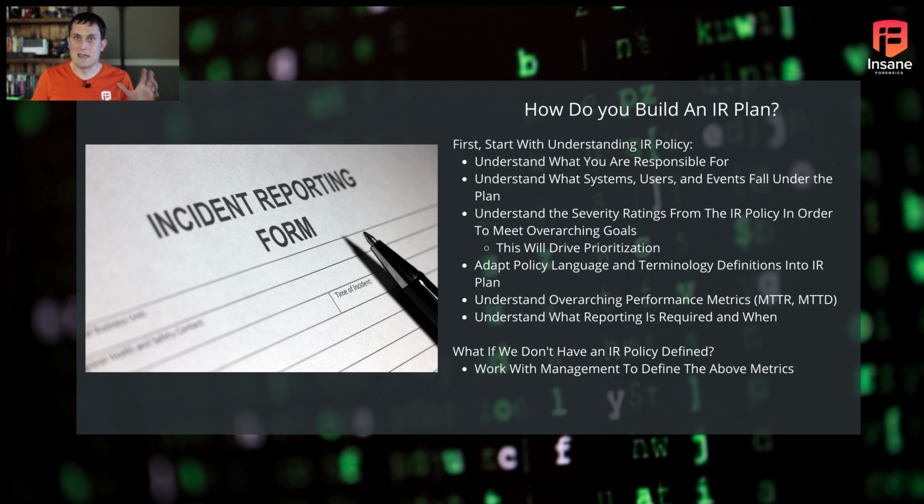And likewise, if your plan doesn't actually meet the entire scope of what it should, your plan's incomplete to both the policy and the management intent. Starting with the policy is also going to help you identify what users, events, and systems fall within the scope of this plan. Is this just systems in North America?